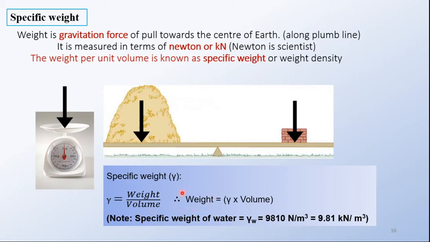And therefore, weight can be calculated if you know the volume and specific weight. And here you can note that specific weight of water, that is gamma with the suffix W, is equal to 9810 newtons per meter cube, or it can be put as 9.81 kilonewton per meter cube.